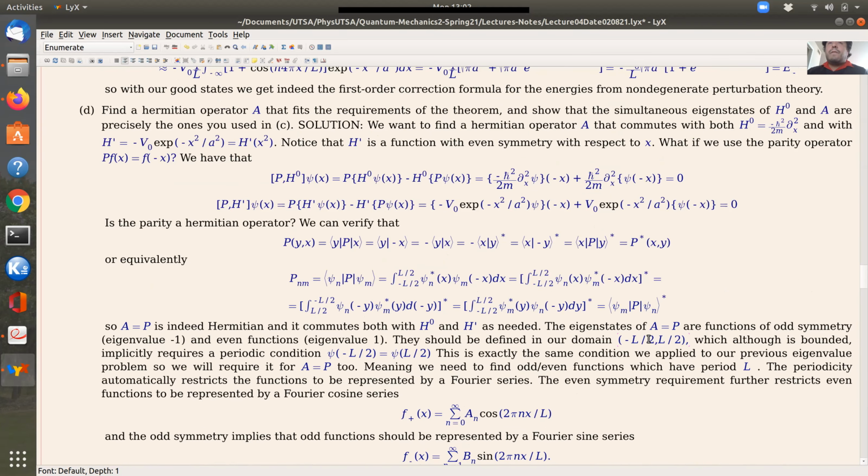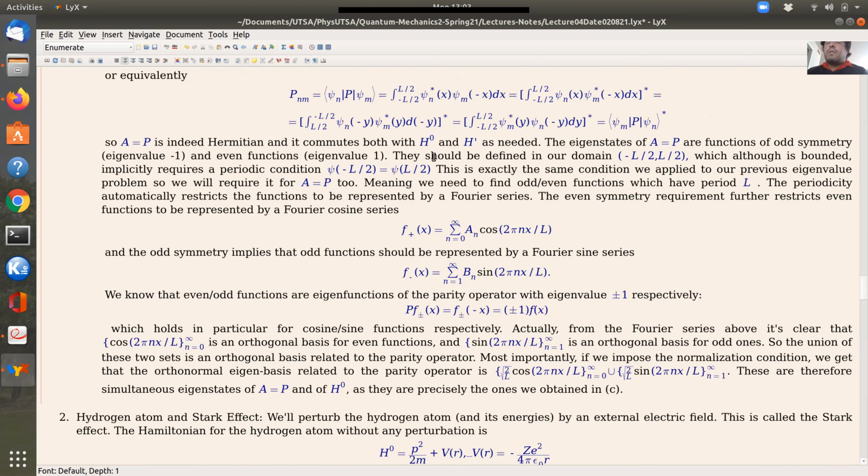If you want to skim over the method for solving this subsection, which is quite nice, first of all, recognize a symmetry of the perturbation Hamiltonian. In this case, it had an even symmetry. So because you have even symmetry, you think of using the parity operator. You verify the commutation properties. Then you verify that it's Hermitian.